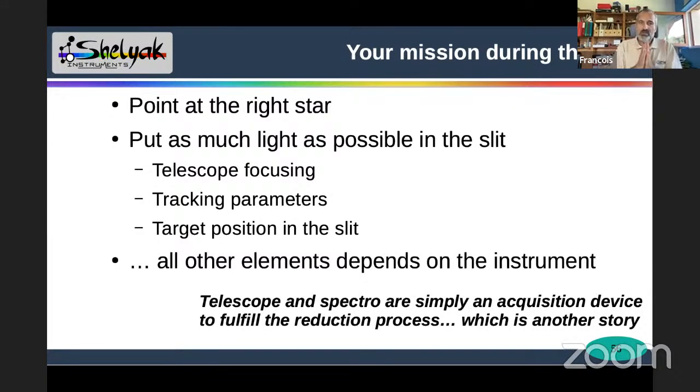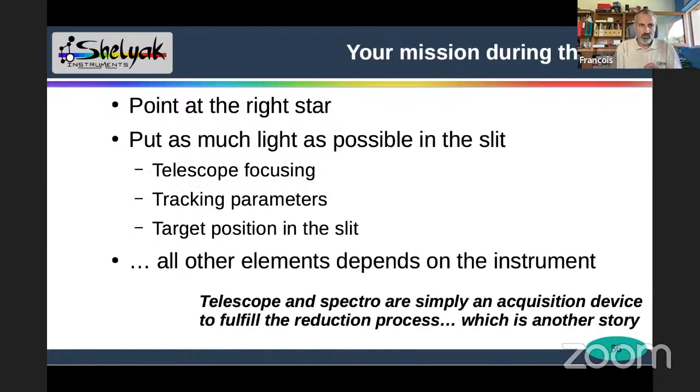And most important is that you have to put as much light as possible in the slit. Really, the difference between a poor observation and a good observation will be in the signal to noise ratio at the end for a given exposure time. So it means that you must put all the possible photons in the slit.